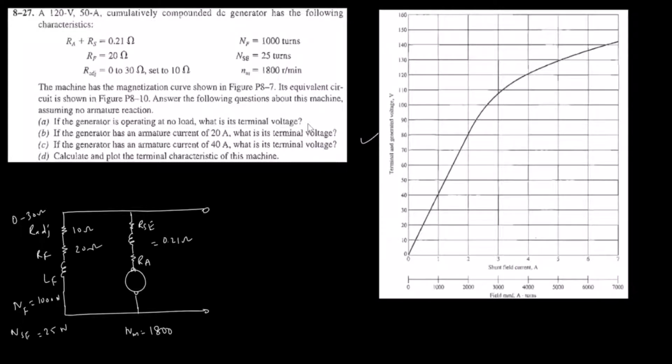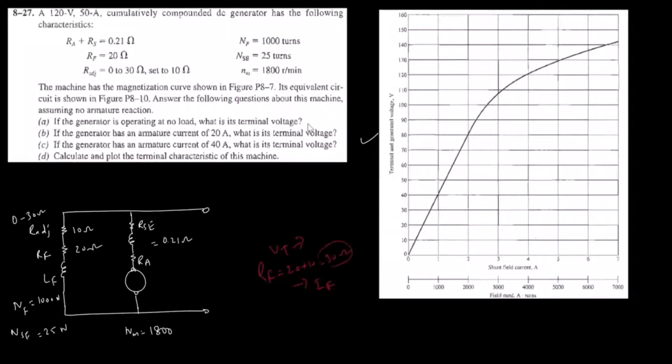Now the question is, the generator is operating at no load. What is its terminal voltage? As earlier, we just draw the RF line. The total shunt field resistance is 20 plus 10, again 30 ohms. For any given IF value, there will be a VT value, right?